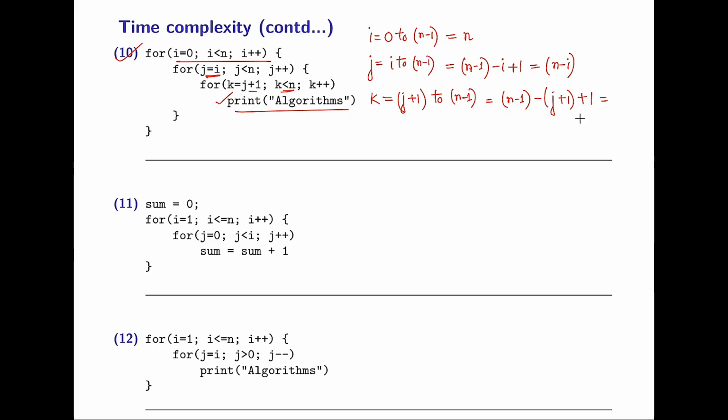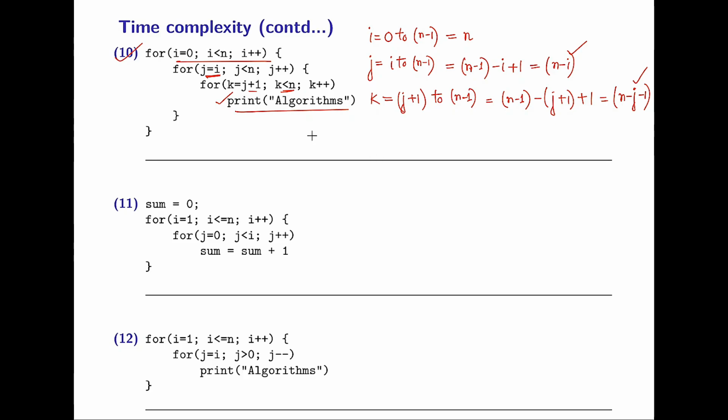This is the easier way of finding out, right? So if I find out here, it will be n minus j minus 1 times, right? Now this is the innermost loop. So the statement inside the innermost loop, how many times that will execute, that will decide the time complexity. So we are going to focus on this one. Here you see, we have written the expression in terms of i and j, right?